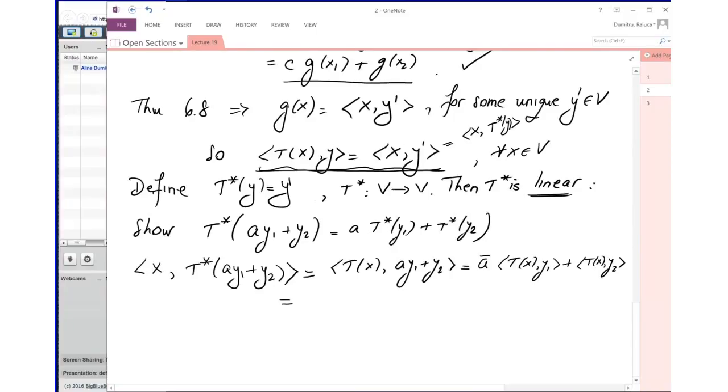And now I'm going to move everything back into the second argument. So in the first inner product, I'll take T and move it into T star over y1. So this is a bar, inner product between x and T star of y1. And the second inner product is the inner product between x and T star of y2.